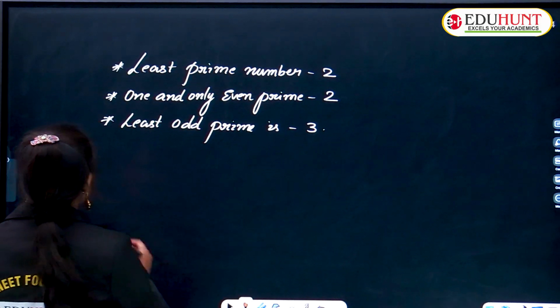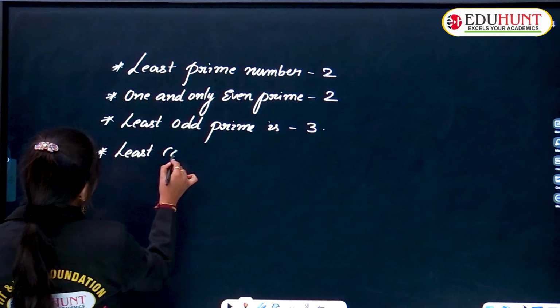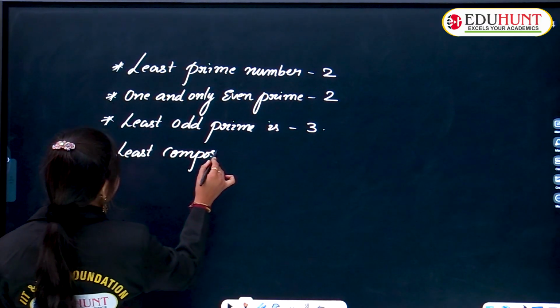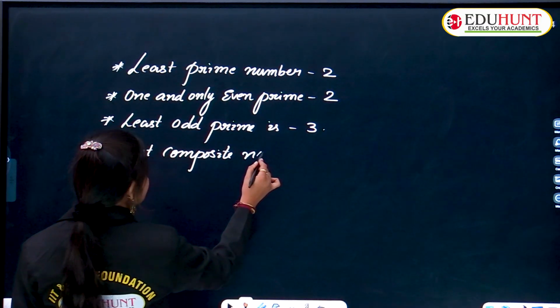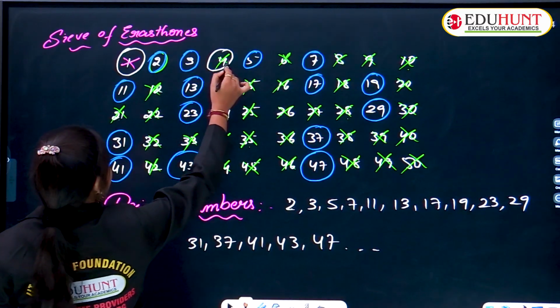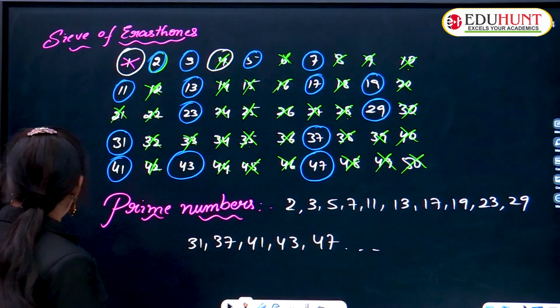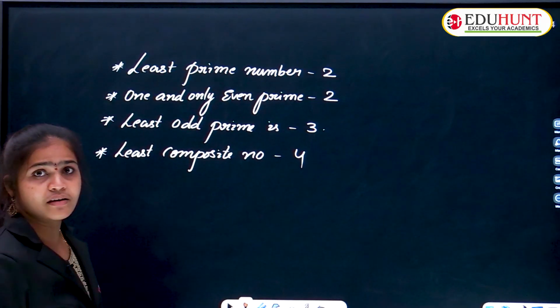Understood? And in the same way, least composite number. Least composite number is 4. The starting composite number is 4 only. The least composite number means the starting, the first composite number is 4.